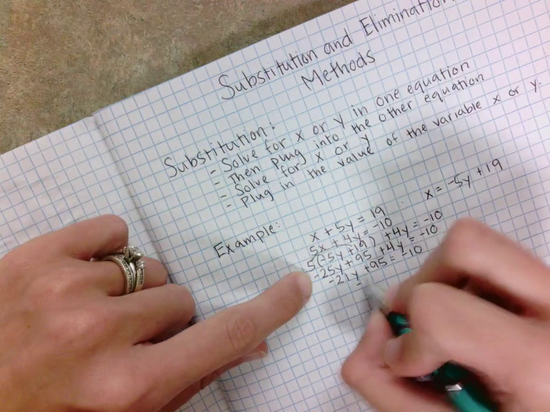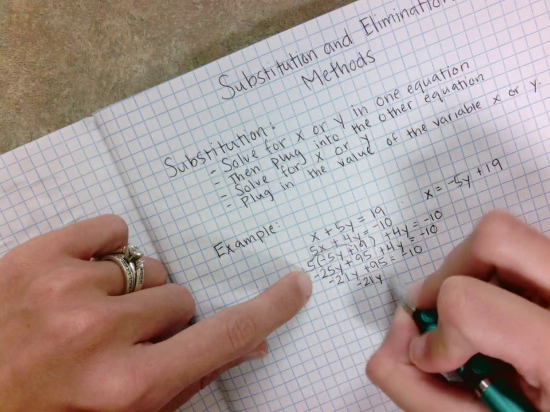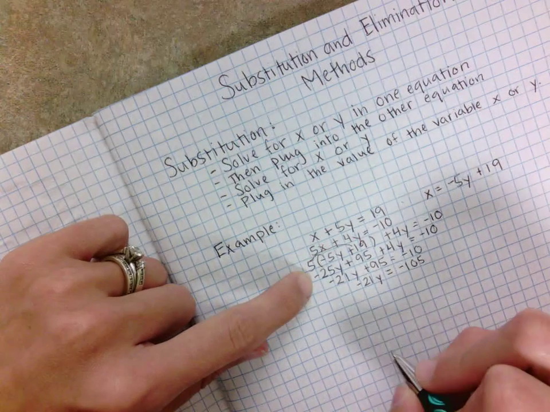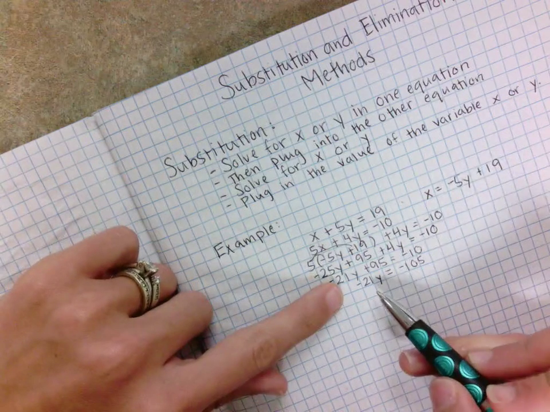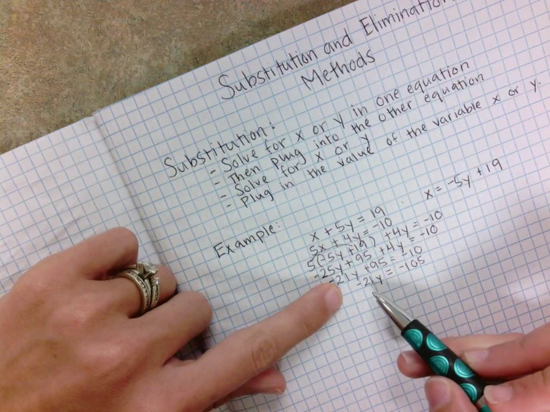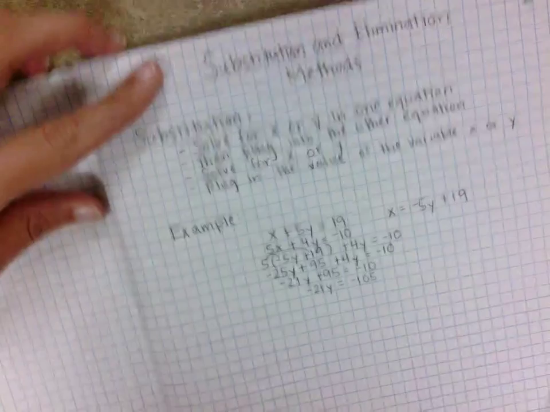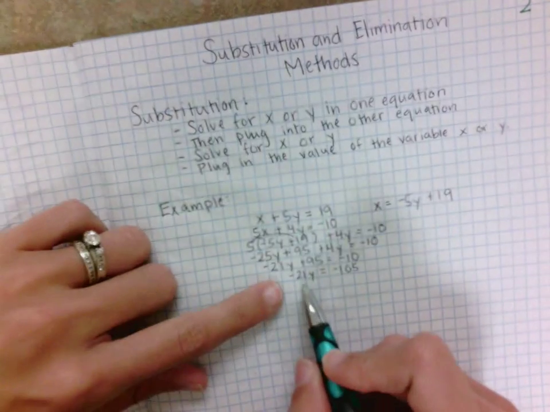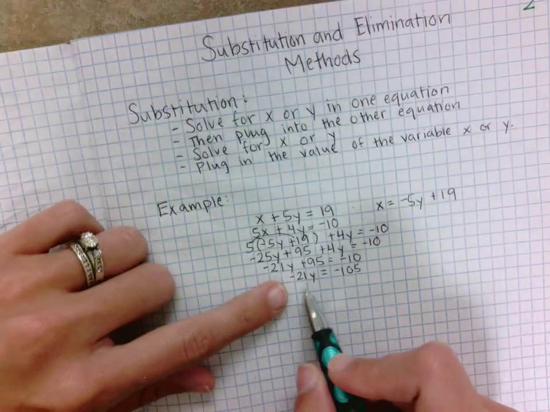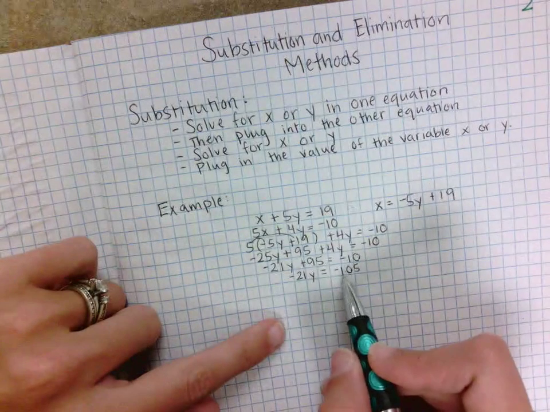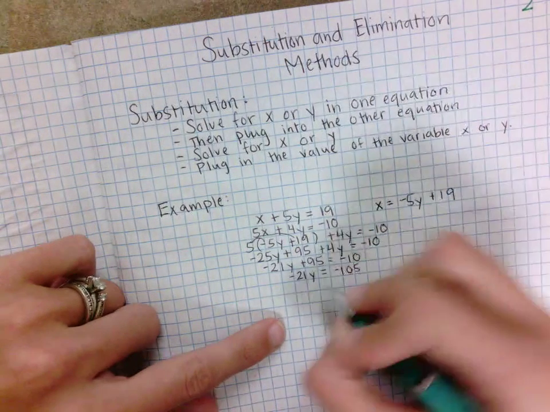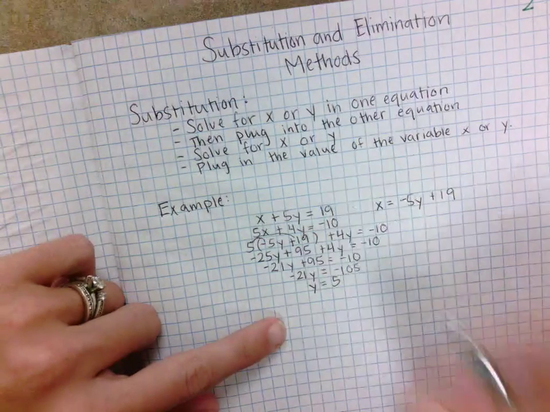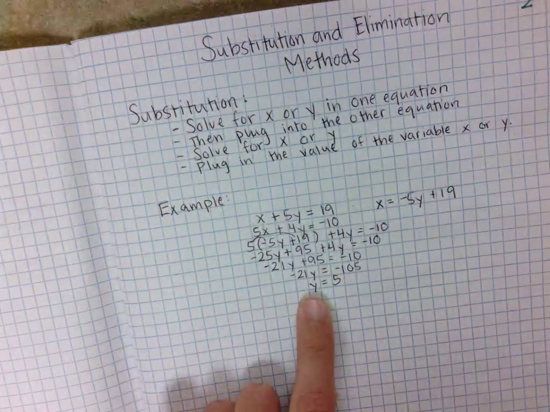You would be left with negative 21y equals negative 105. And then you'll need to divide both sides by negative 21. So y equals 5.